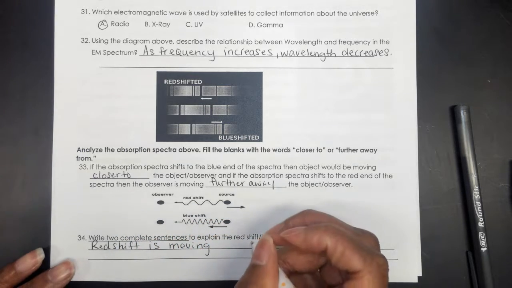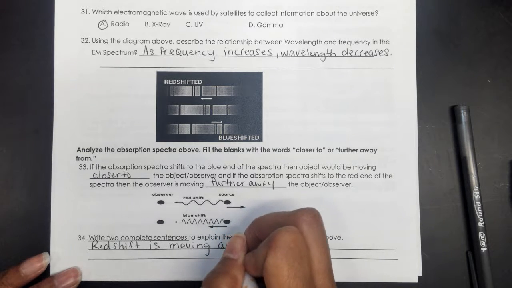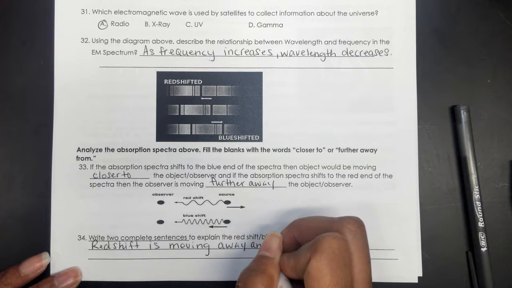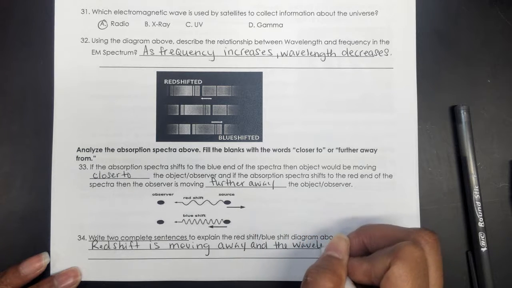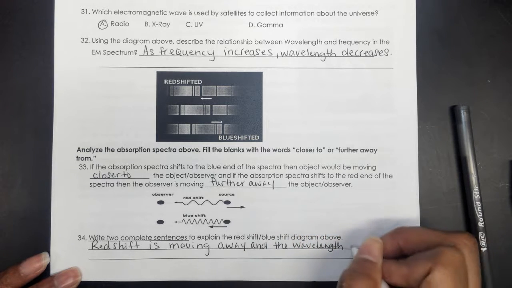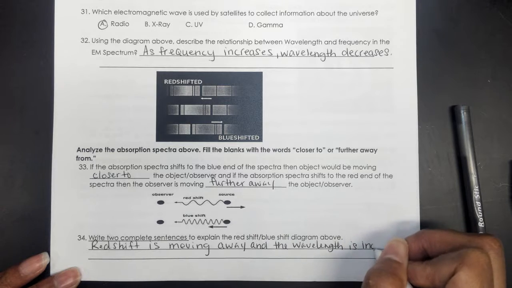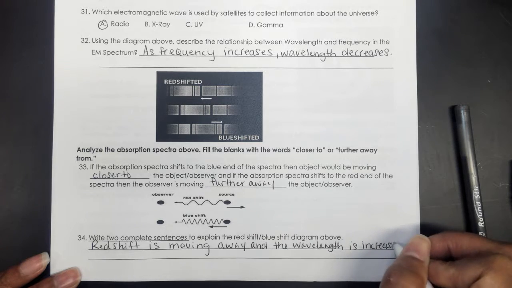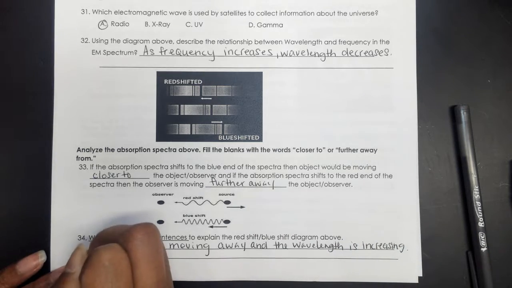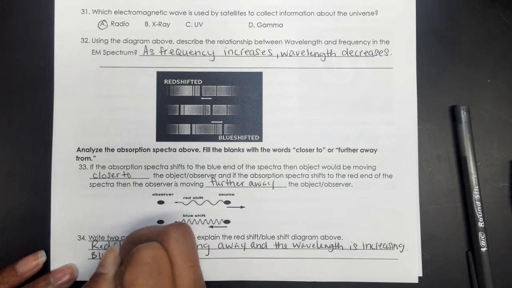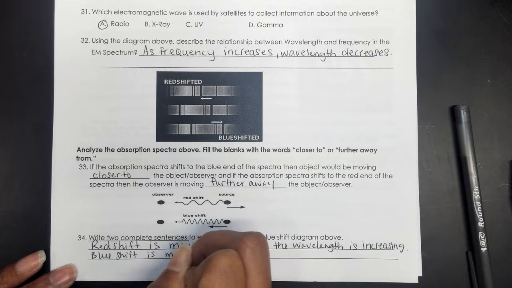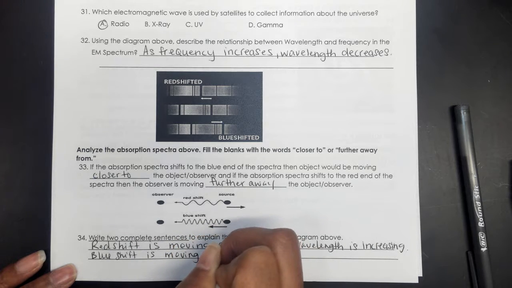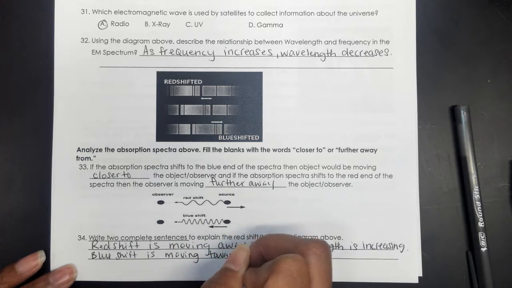Away, and the wavelength is increasing. Blue shift is moving towards, and the wavelength is decreasing.